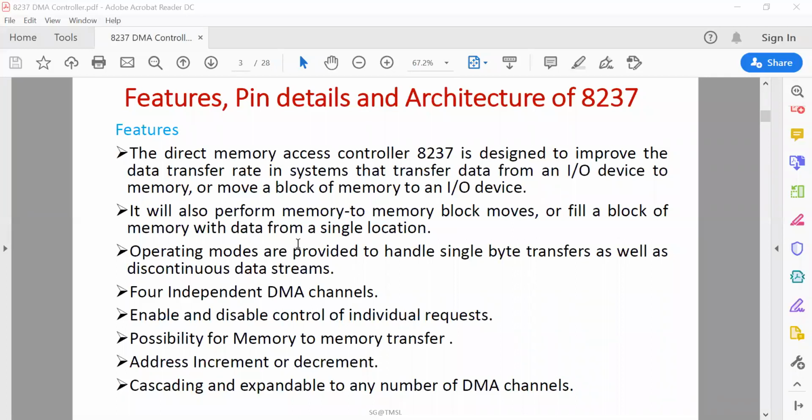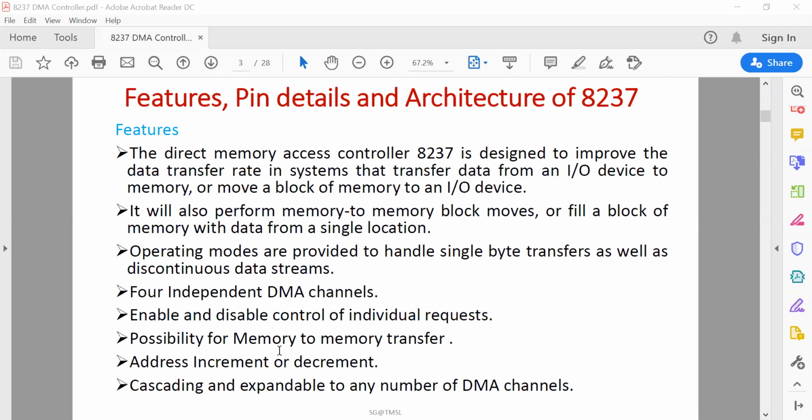It has different operating modes which are provided to handle single byte transfer as well as multi-byte transfer or discontinuous data streams. It has 4 independent DMA channels through which the DMA request can be coming, and it has enable and disable features to control the individual requests, and it has the possibility for memory to memory data transfer.